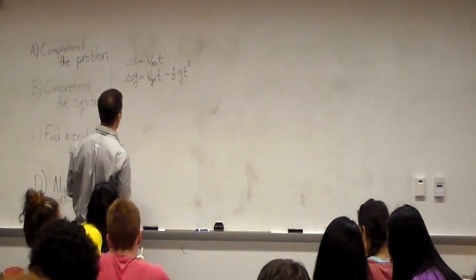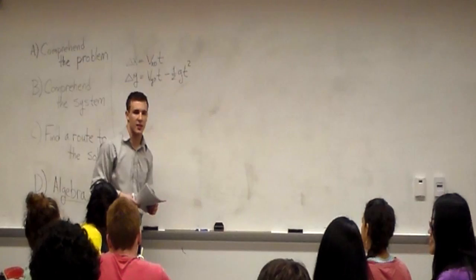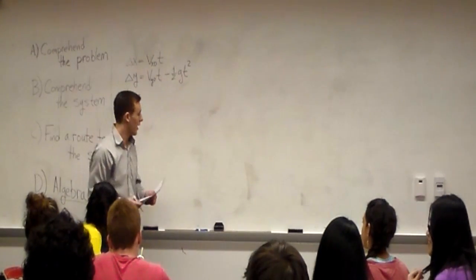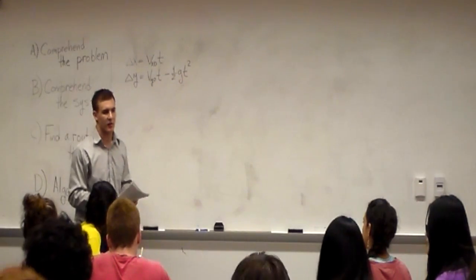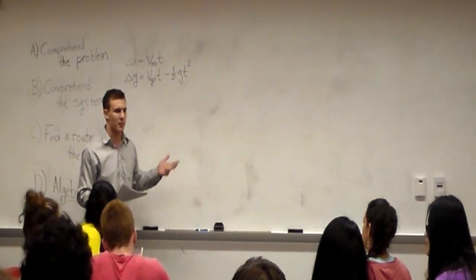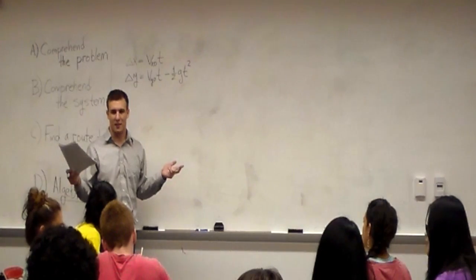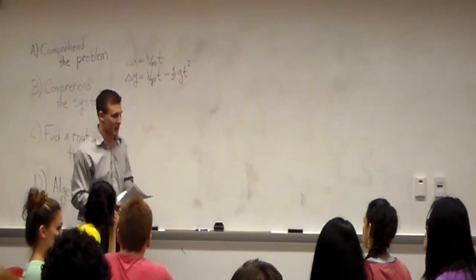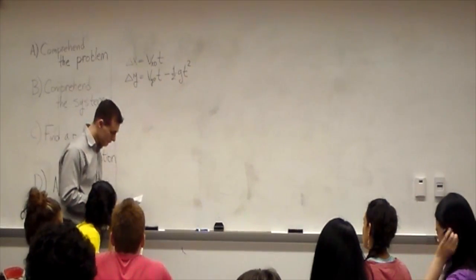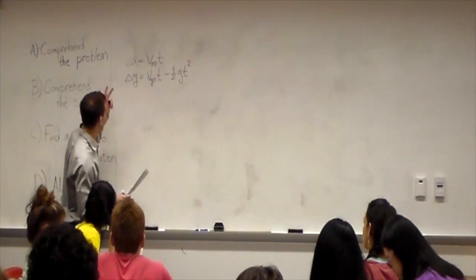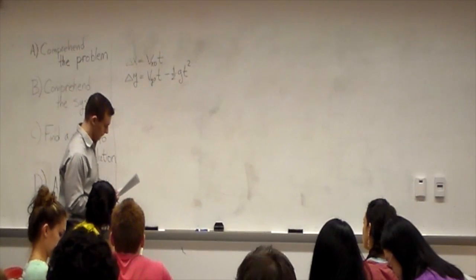It's also worth noting that in my universe, for those of you who are not in my discussion section, I know there are several of you, g is 10 always, or minus 10. I don't use 9.8 when I'm doing examples on the board because there's no functional difference between the two, unless you're just being picky about decimal points, and it lets me multiply. Okay? So, that's where we start.